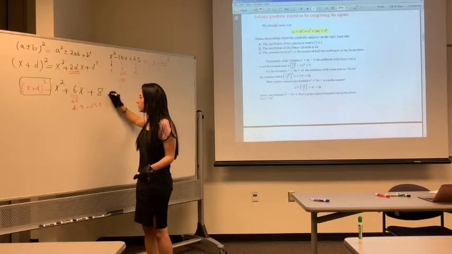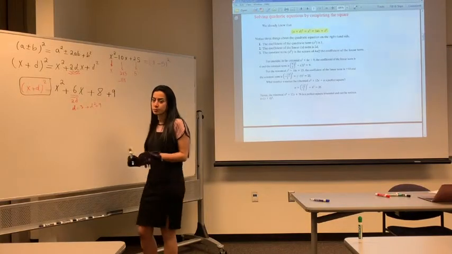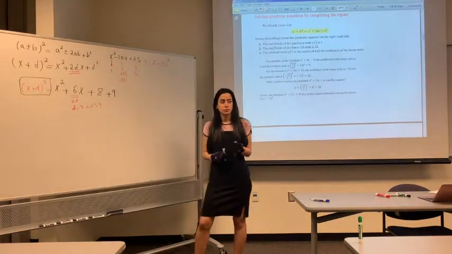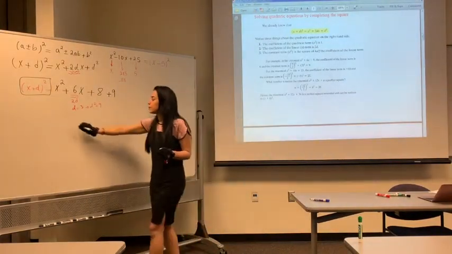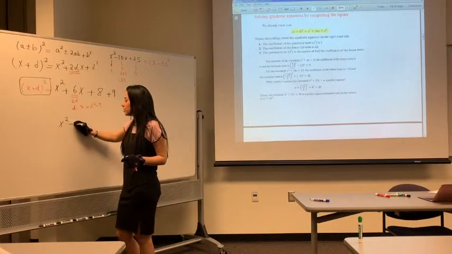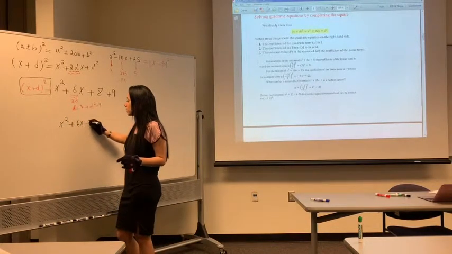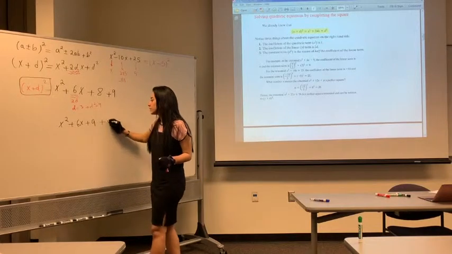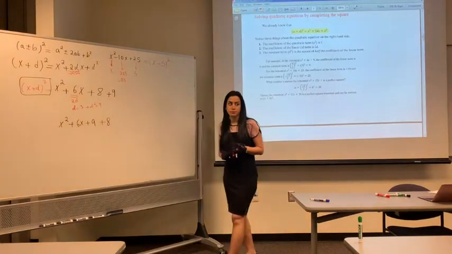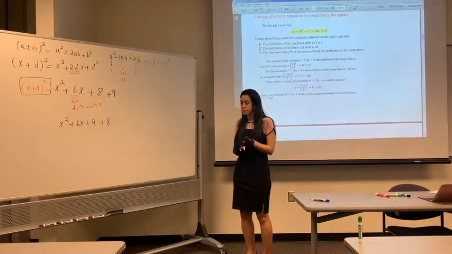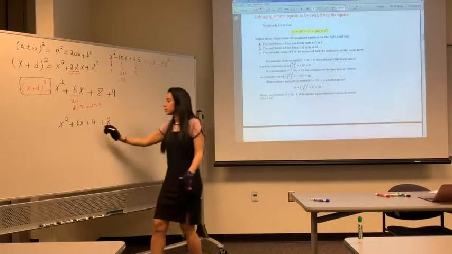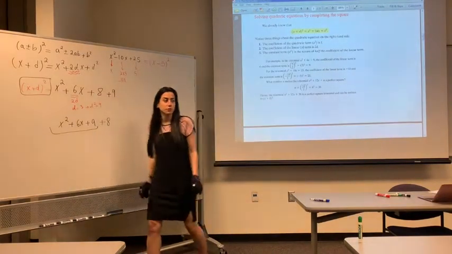So what I do, I will add a 9 here. Then I put all of this together: x squared plus 6x plus 9 plus 8. Then this would be a complete square, right?